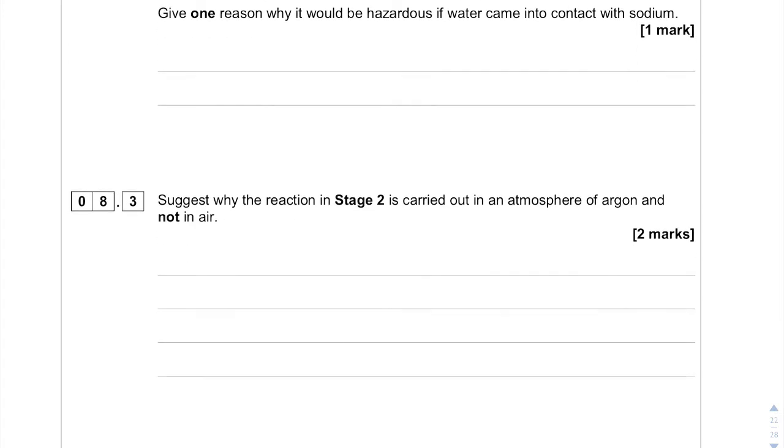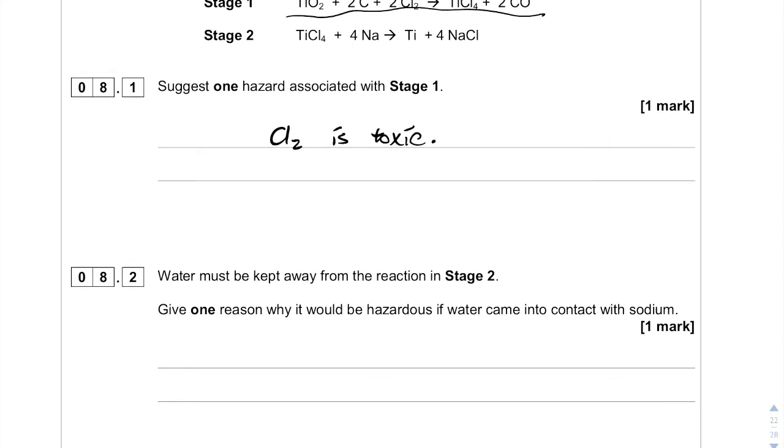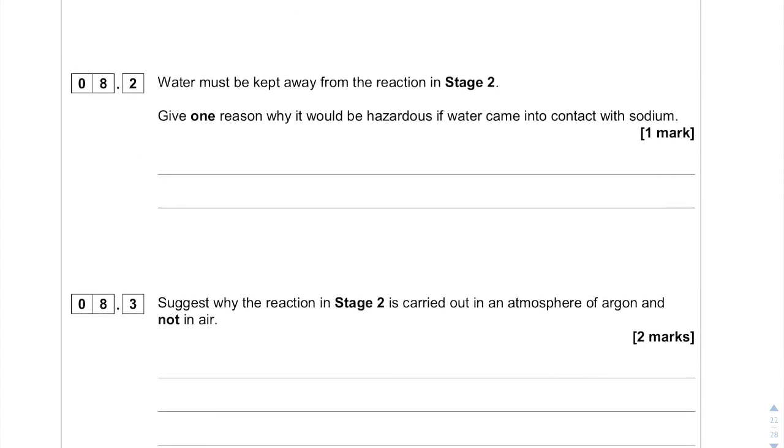Now 8.2, water must be kept away from the reaction in stage 2. Stage 2 is titanium tetrachloride plus 4 sodium into titanium and 4 sodium chloride. Why must water be kept away from the reaction of stage 2? Because it even told you it's sodium. So why is it hazardous?